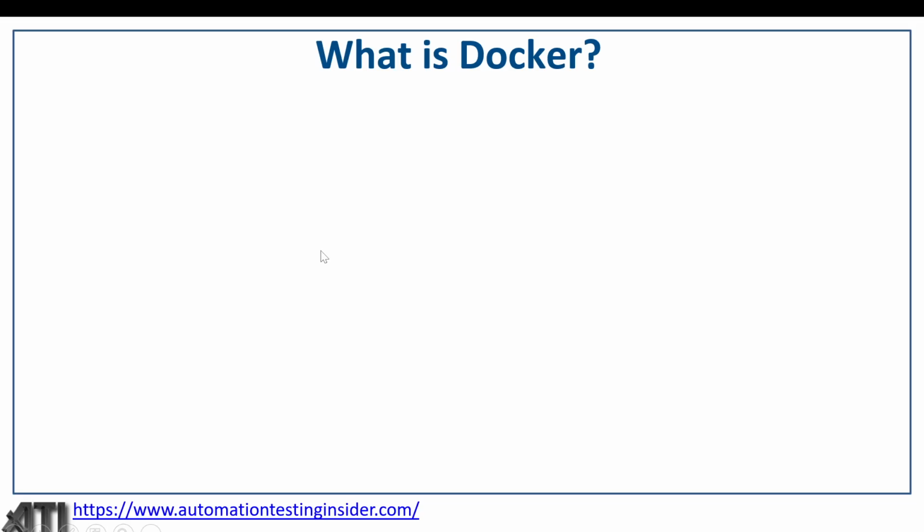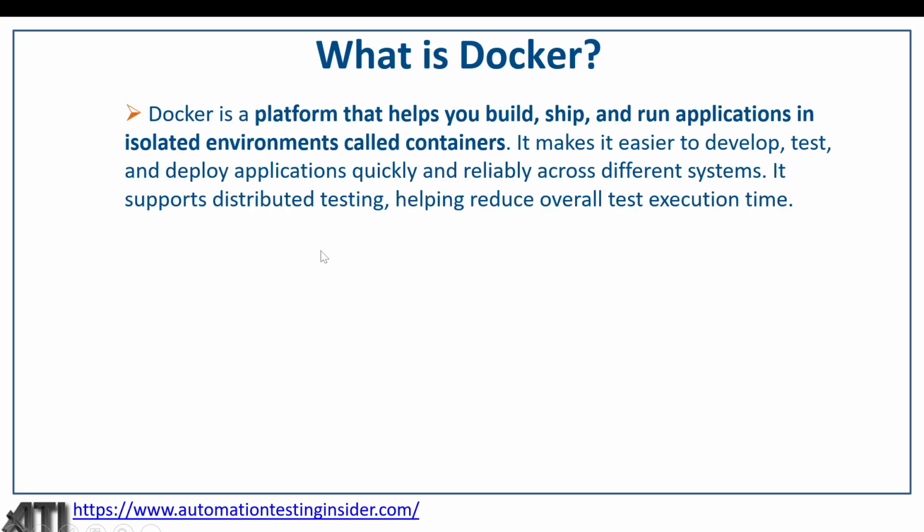So basically, if you talk about the real definition of Docker: Docker is a platform that helps you to build, ship and run applications in an isolated environment called containers.